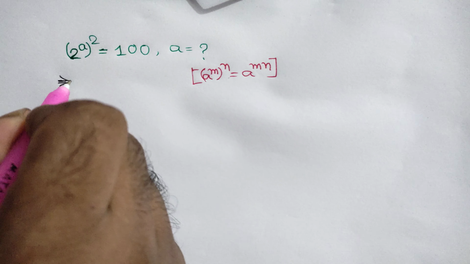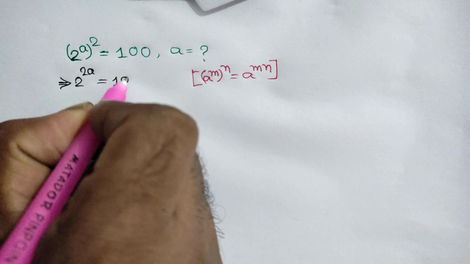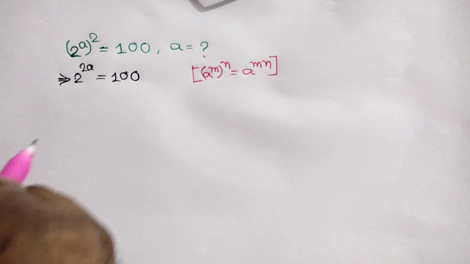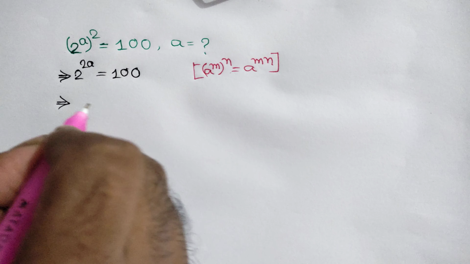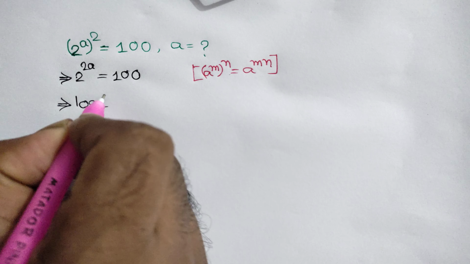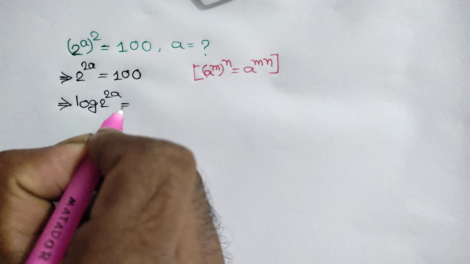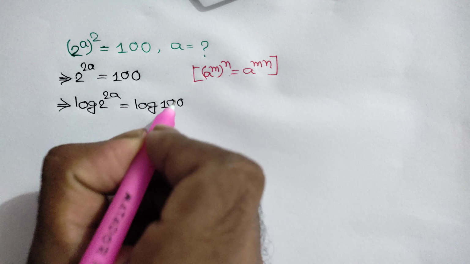Here we can write 2 to the power 2a is equal to 100. Now taking log on both sides, we can write log of 2 to the power 2a is equal to log of 100.